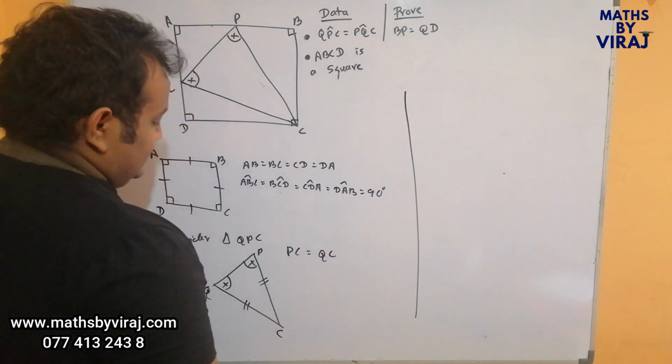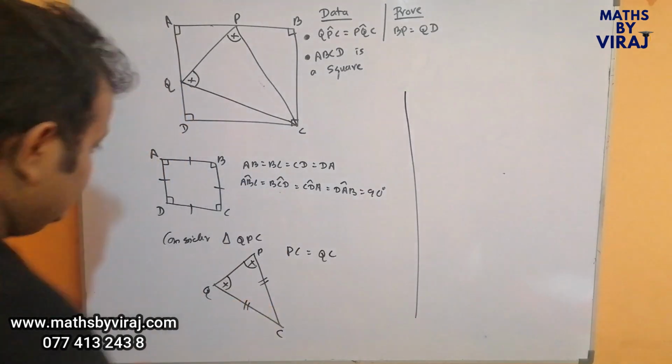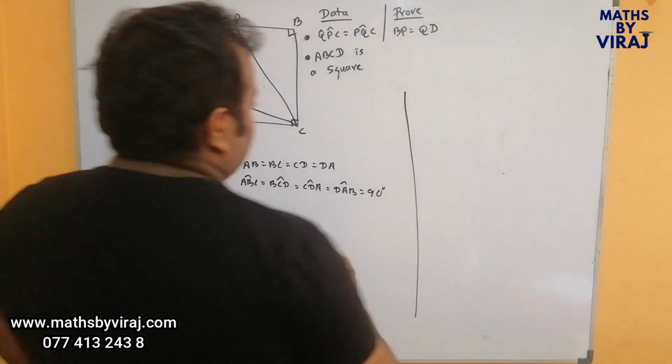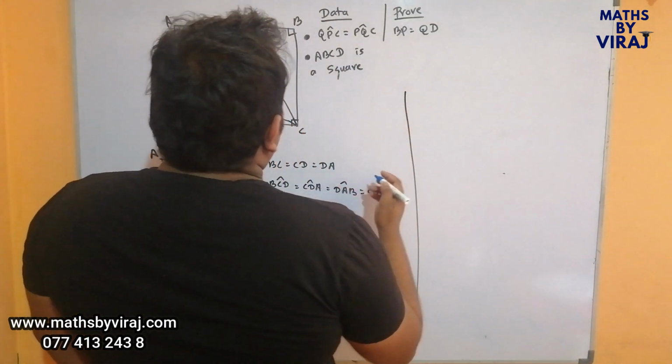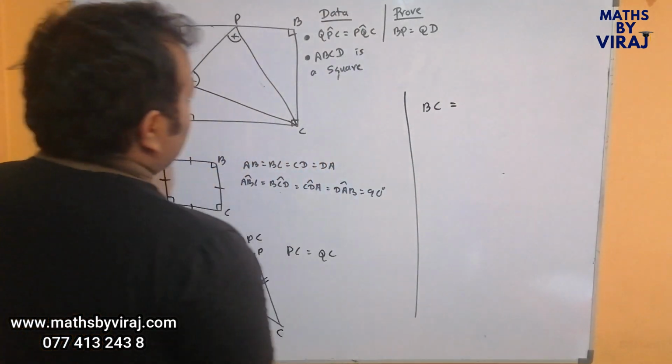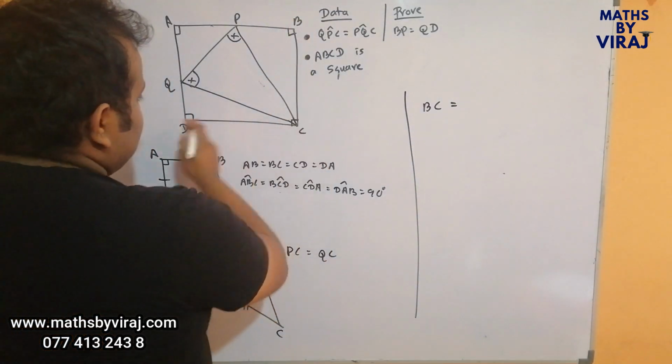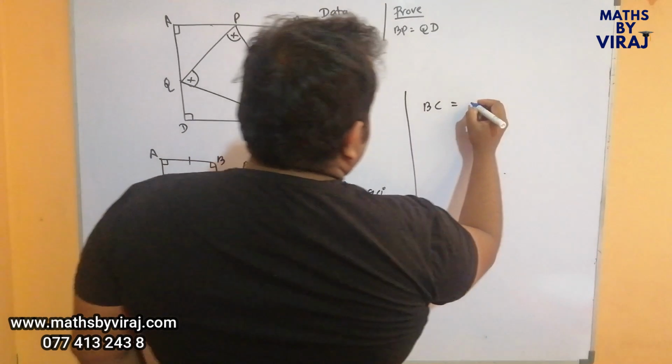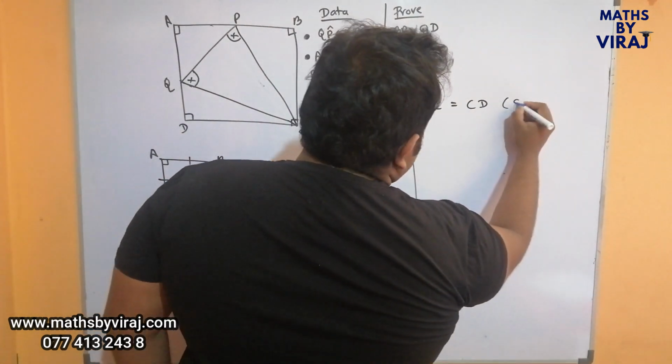Since we know all these values are equal to one another, we can say that side BC is equal to side CD. That is a side.